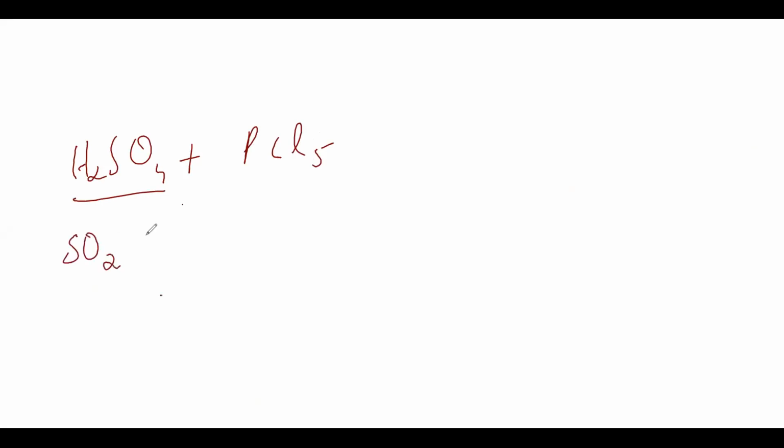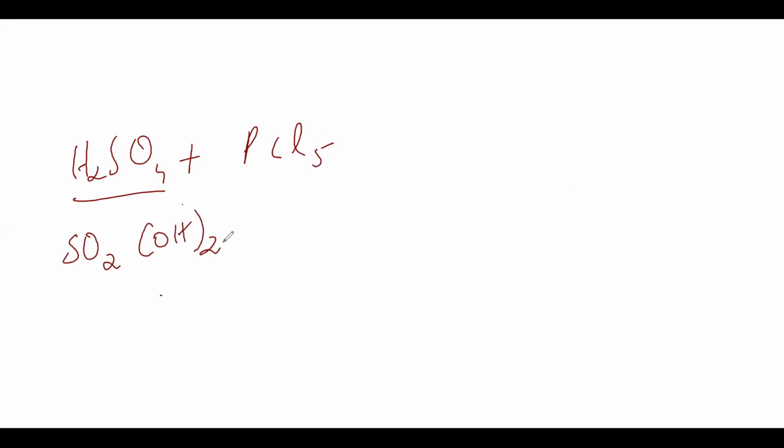So guys, we should know each and everything here. Correct? H2SO4 plus PCl5. But H2SO4 can also be written as SO2(OH) twice.